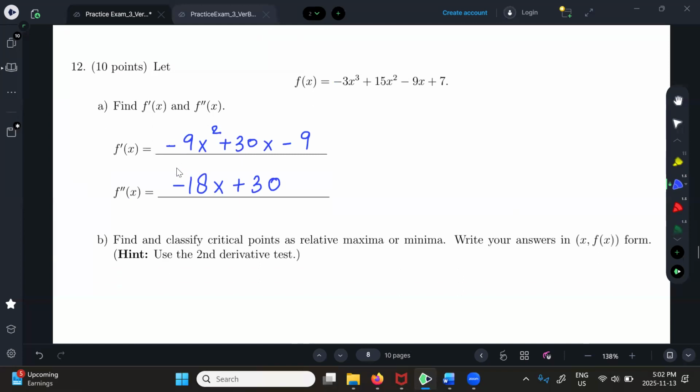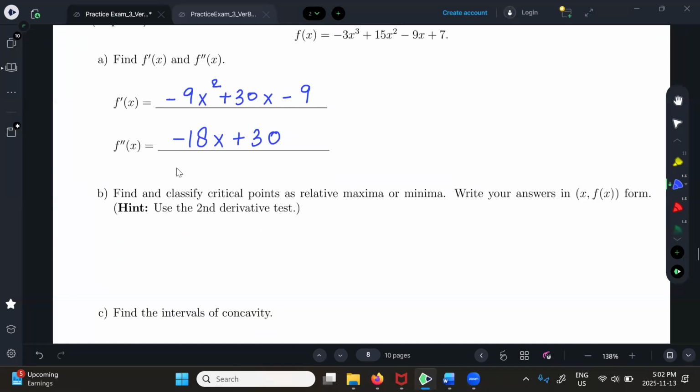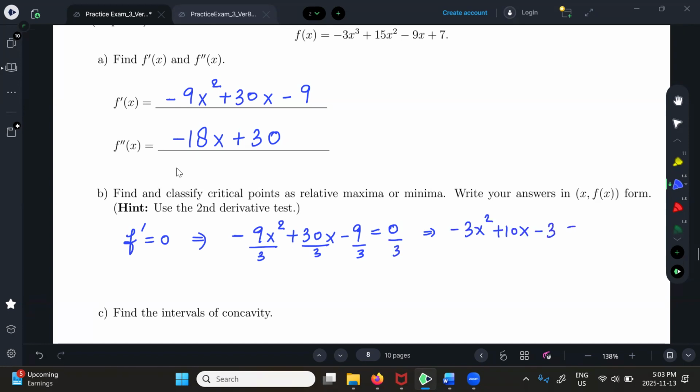Okay. How do I find critical points? Now, when I make f prime equals 0, I have to use quadratic formula to solve for it. Or I can factor it, or maybe I can divide by 3. Let's see what you get. Negative 3x squared plus 10x minus 3 equals 0.